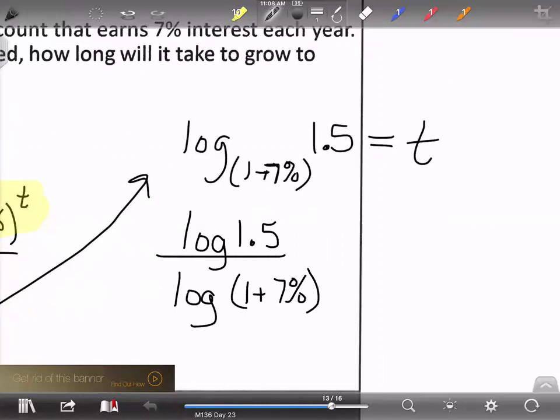Make sure you put that 1 plus 7% in your parentheses. That's going to tell us the time it's going to take this deposit to grow from $1,500 to $2,250. So I want you to practice typing this in your calculator: log 1.5, close your parenthesis, divided by log of 1 plus 7%, close your parenthesis.